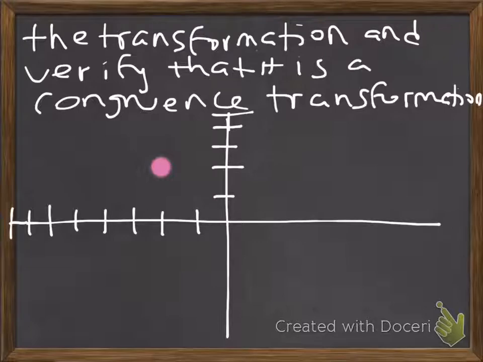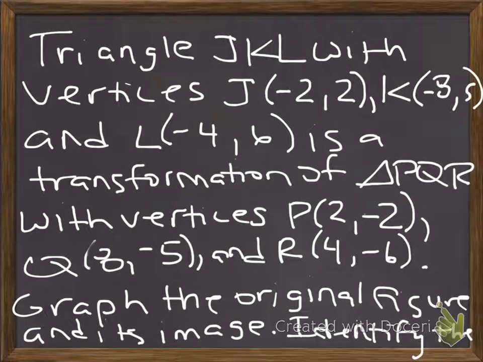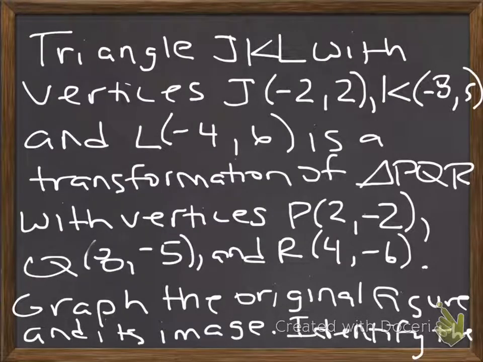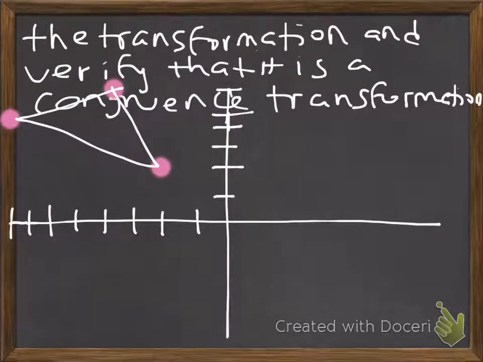Now you should probably use a piece of graph paper, but we're going to do this by looking at it. And then -4, 6. One more up. It's going to be a little bit up here. So if we connect those, we have our triangle here. And then we need to do triangle PQR. So 2, -2.